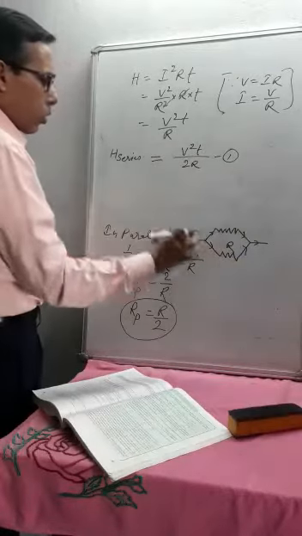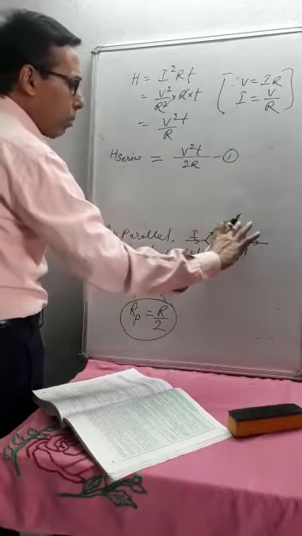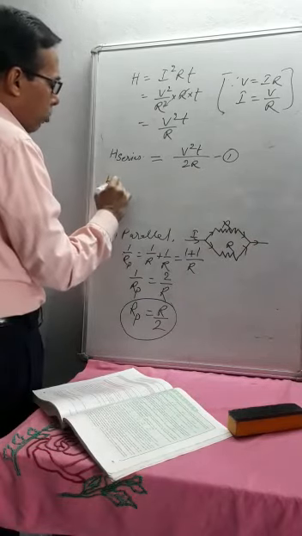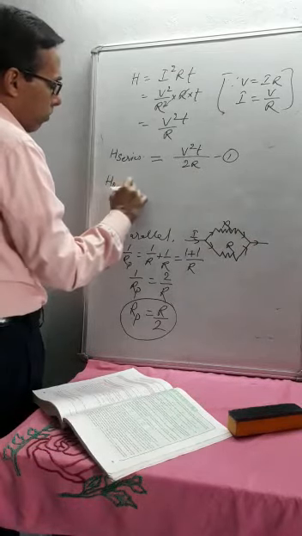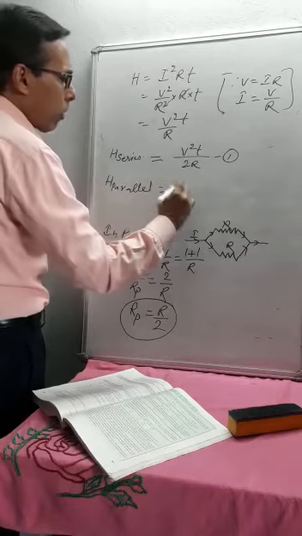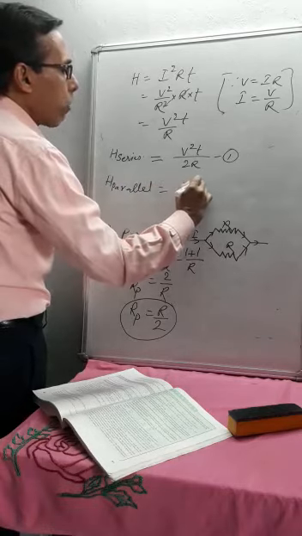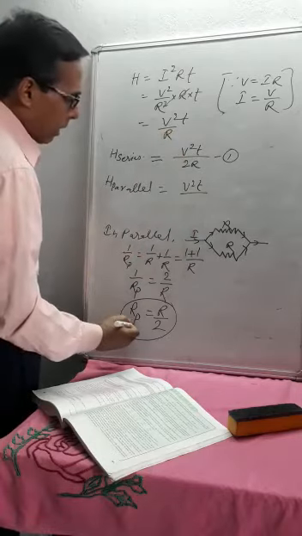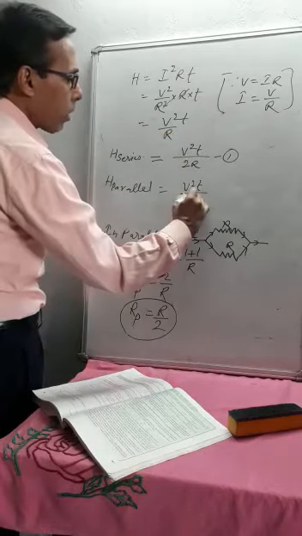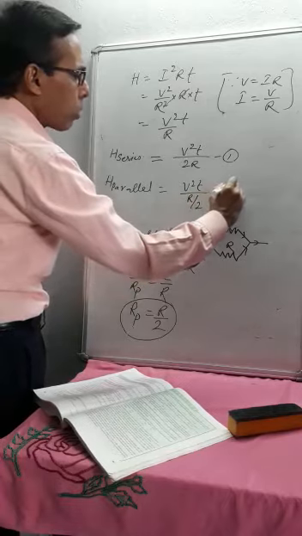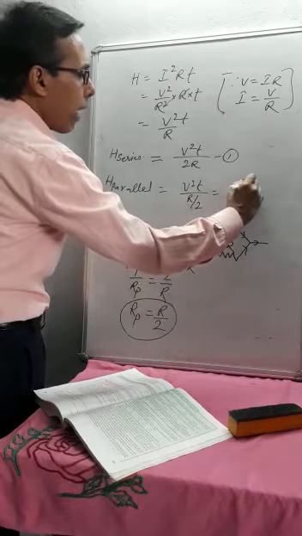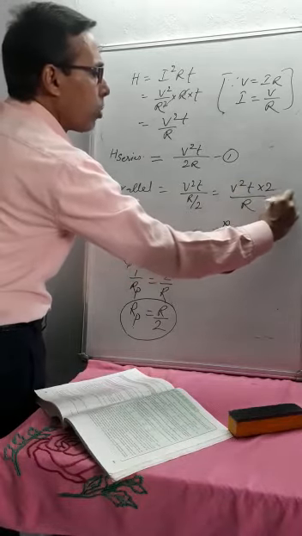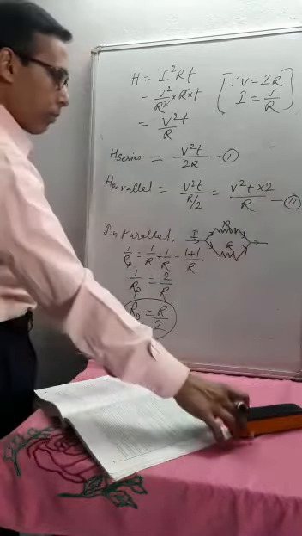Now when these two resistors are connected in parallel, what is the heat produced in parallel combination? This is equal to V square T by R, where R is Rp, that is R by 2. So you write R by 2, which is equal to V square T into 2 divided by R. This is equation number 2.